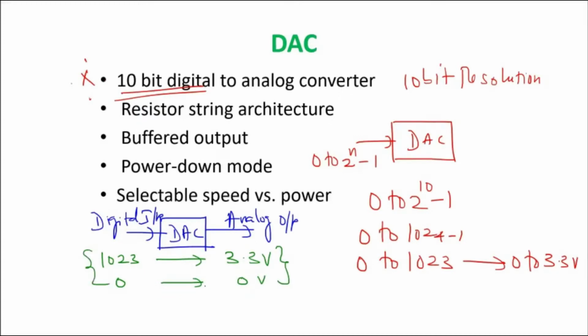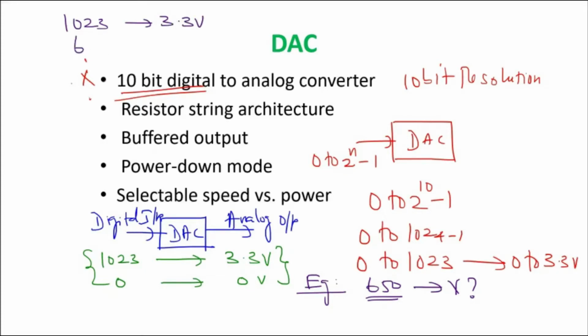Once you know these two extremes, you can always calculate the intermediary analog value for any digital input. For example, what is the analog output for a digital input of say 650? For 1023, I get an analog voltage of 3.3 volts, so for a digital input of 650, what is my analog output?